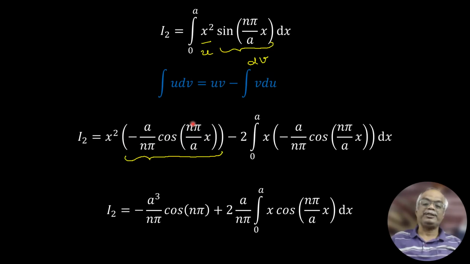If you differentiate this, you will get back this sin term, sin n pi by a x. So here u is x squared. Then du is equal to 2x dx.